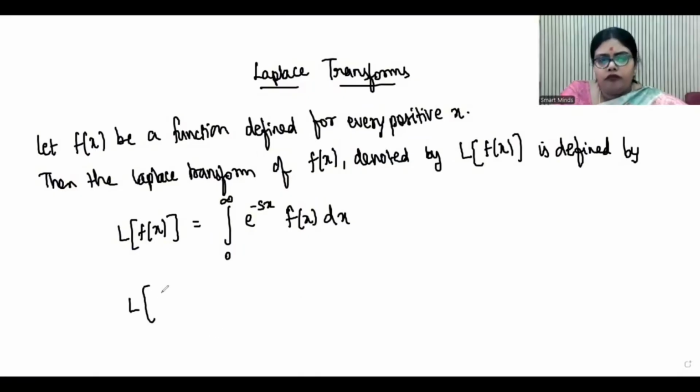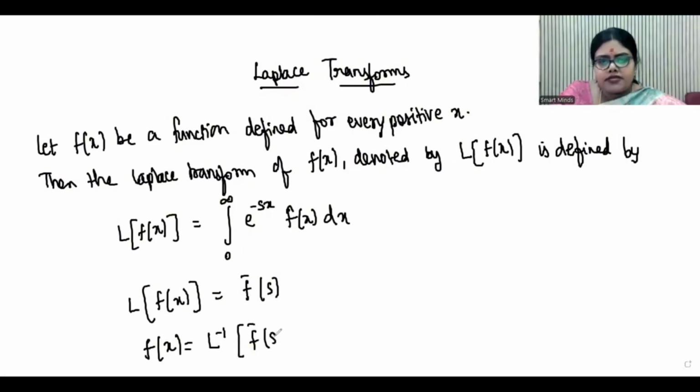Okay, now L of f of x can also be written as f bar of s, which can also be written as f of x is equal to L inverse of f bar of s. These are the three different ways where you can write it.